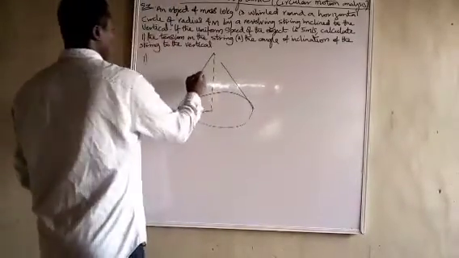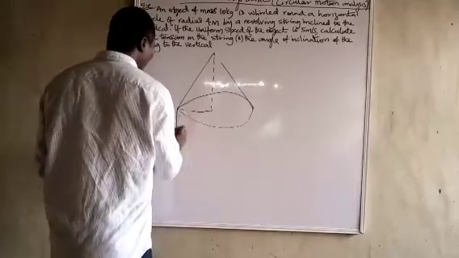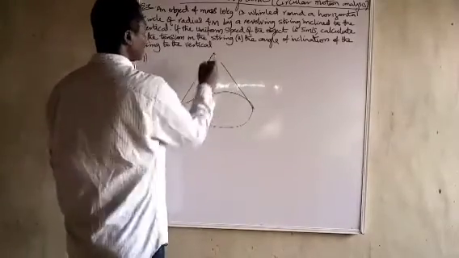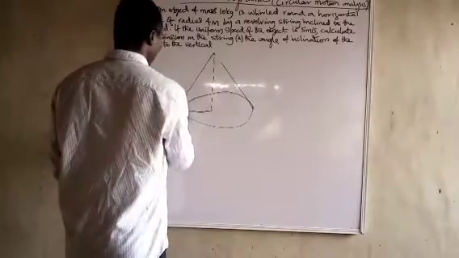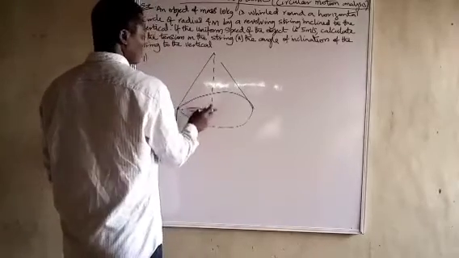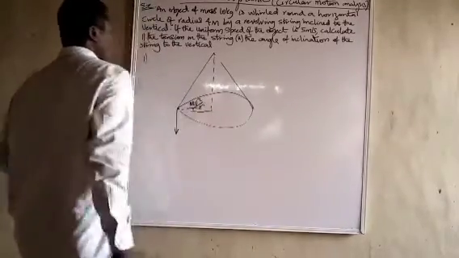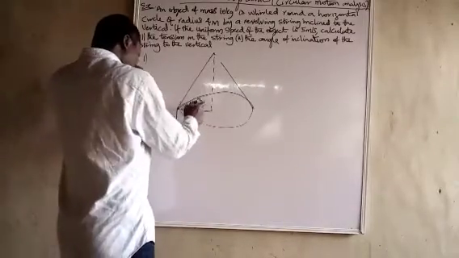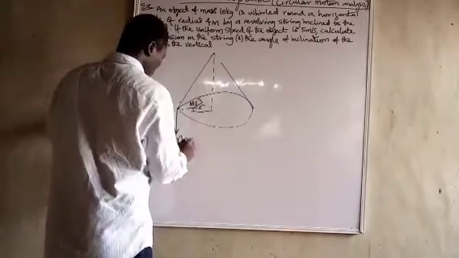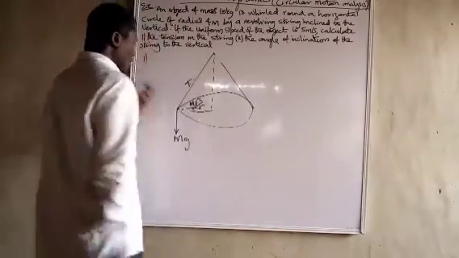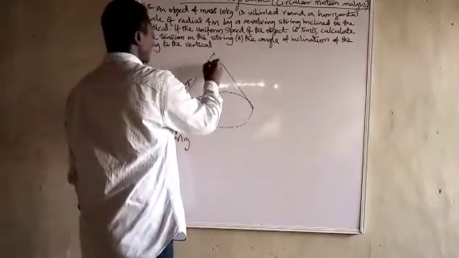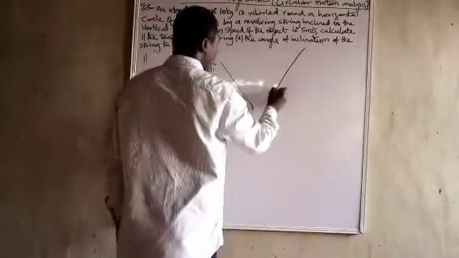So here, we have the string, we have the weight, and we have the centripetal force, mv squared over r. This tension here will handle this one and mg. So we have T here. So if you look at it, we have theta here. So we have it like this.